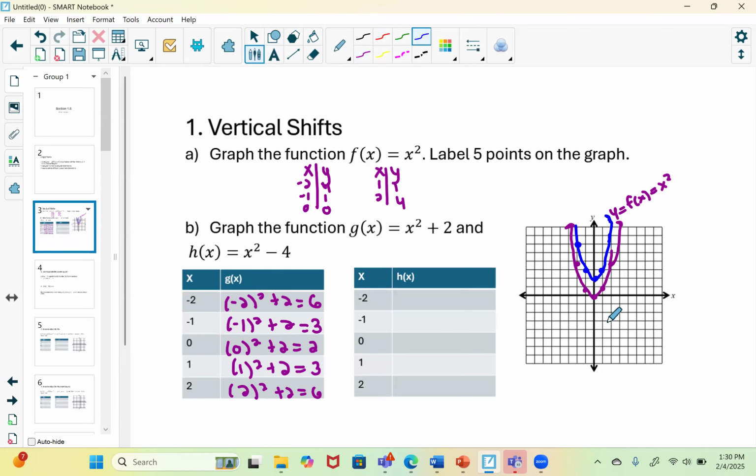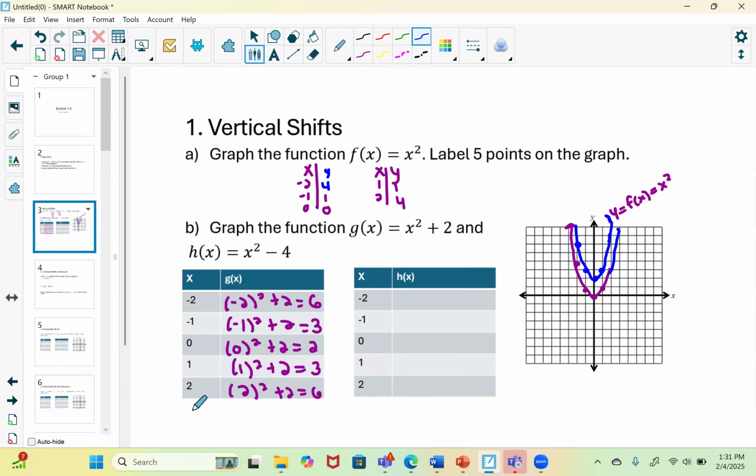Okay, so if we look at this, what happened was that the graph of x squared was just shifted up 2 units. When it was at negative 2, originally it was at 4, and now it is at 6, so it's 2 higher. And at negative 1, it was at 1 initially, now it's 2 higher at 3. And when it was at 0, we had a y value of 0, and now it's up 2.